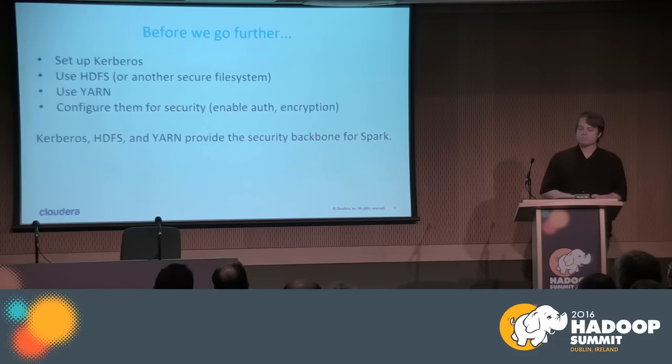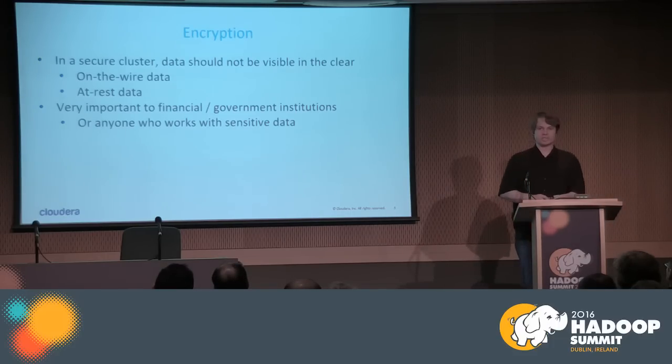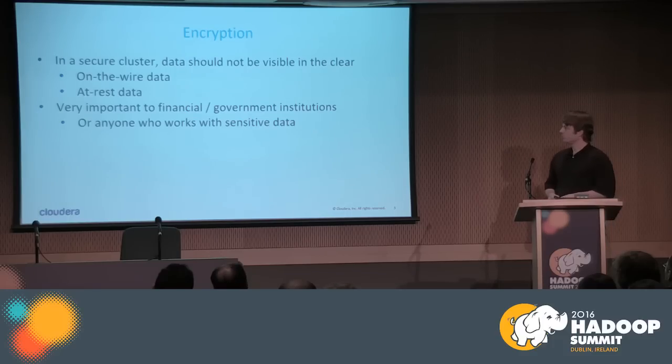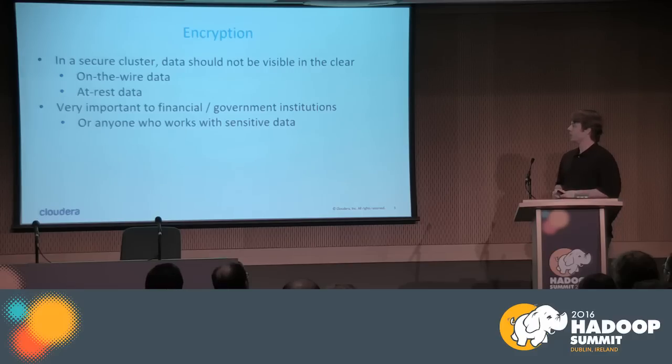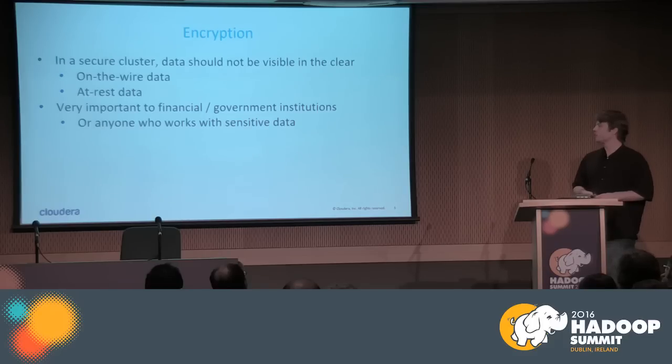And these three services provide the backbone for Spark to be secure and to respect your security policies. So first, let's start with encryption. In a secure cluster, you do not want data to be visible just by hot linking something into your wires. You need that data on the wire to be encrypted so that it's difficult to have access to it.